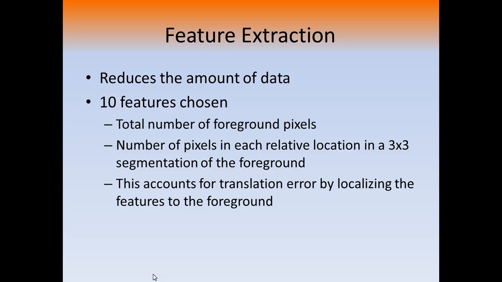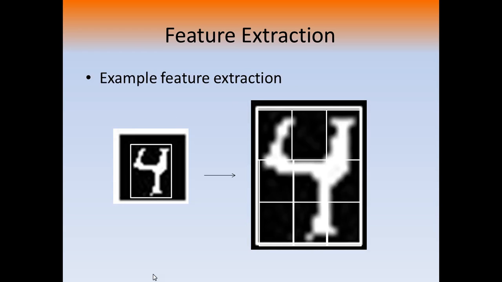Now the next step is to look at the number of pixels in each relative location in a 3x3 box, and there's a couple images on the next slide that explain this better. But one thing I do want to mention is that this will account for translation errors because it localizes the features to the digit itself rather than looking at the entire image.